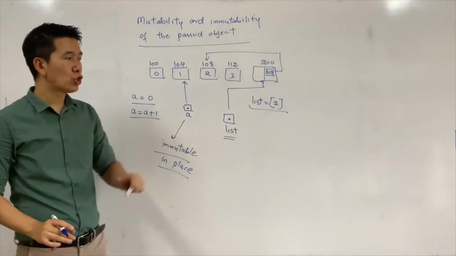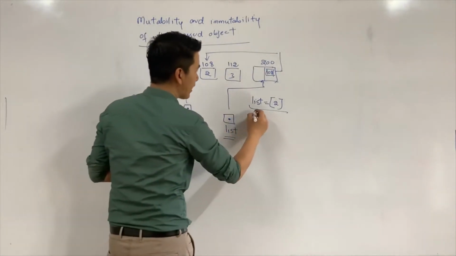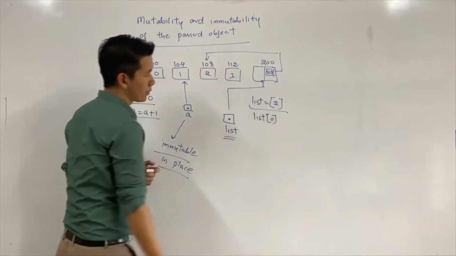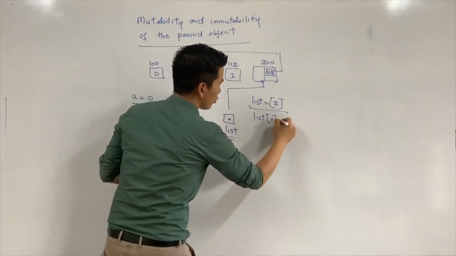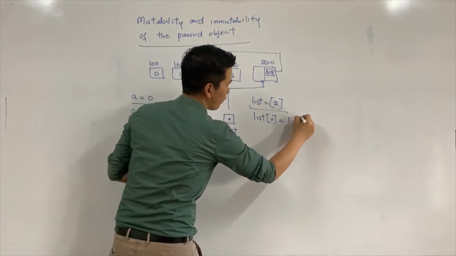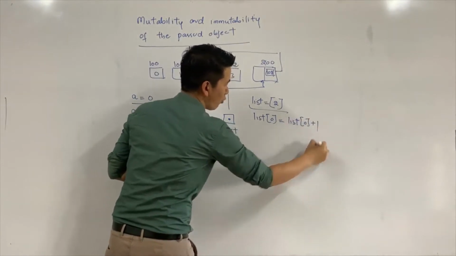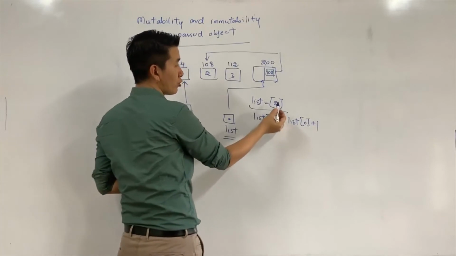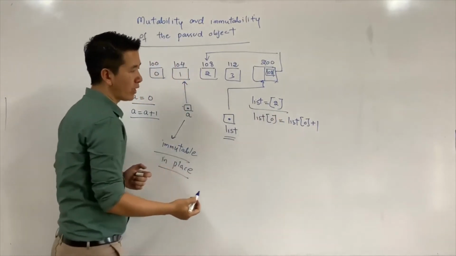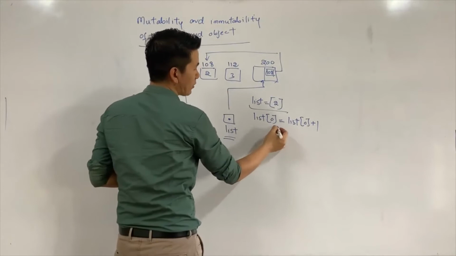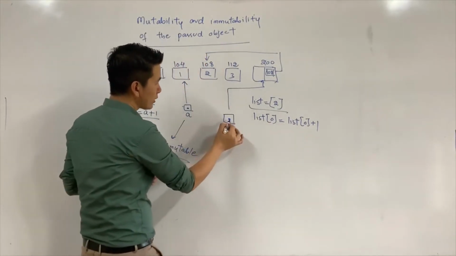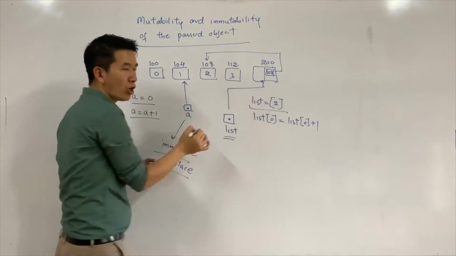Now let's make a change. Let's say I write list of 0 is equal to list of 0 plus 1. List of 0 means you're referring to the first element, right? So you add 1, it becomes how much? It becomes 3, right? Now what happens is, you see this reference will not change.